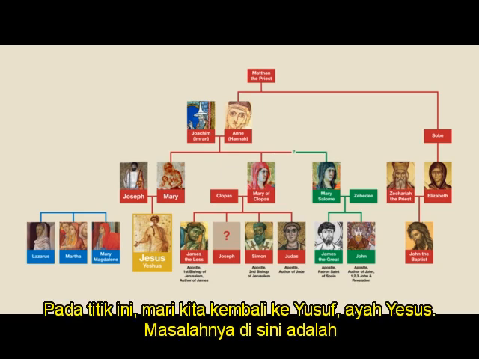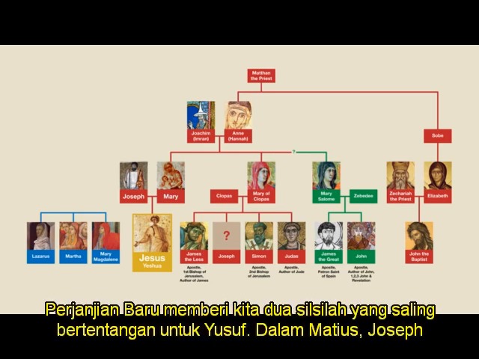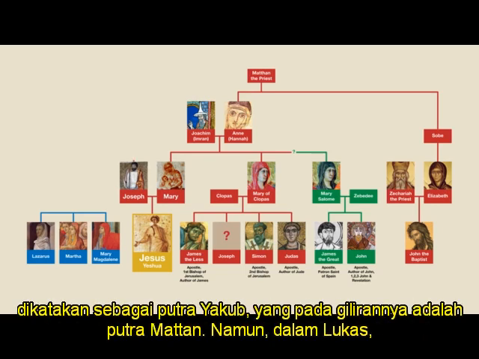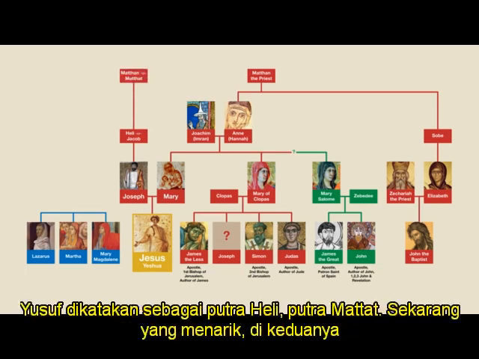The problem here is that the New Testament gives us two conflicting genealogies for Joseph. In Matthew, Joseph is said to be the son of Jacob, who in turn was the son of Mathan. However, in Luke, Joseph is said to be the son of Heli, the son of Mathat.